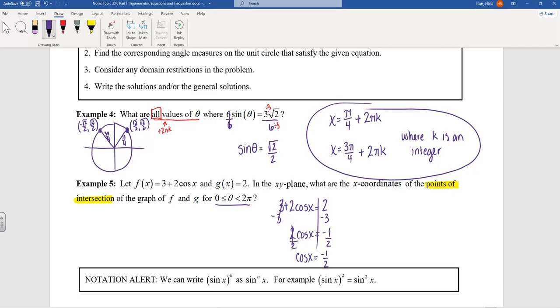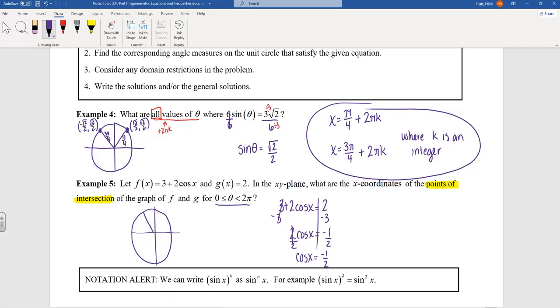And so really, a lot of this feels like it should be more complicated, but it's not much different than if you're solving 3 plus 2x equals 2, right? Until you get to this part right here. So when you get down to the trig function by itself, we got cosine x equals negative 1/2. Now we're thinking about the unit circle. So on that unit circle, right, cosine is my x coordinate.